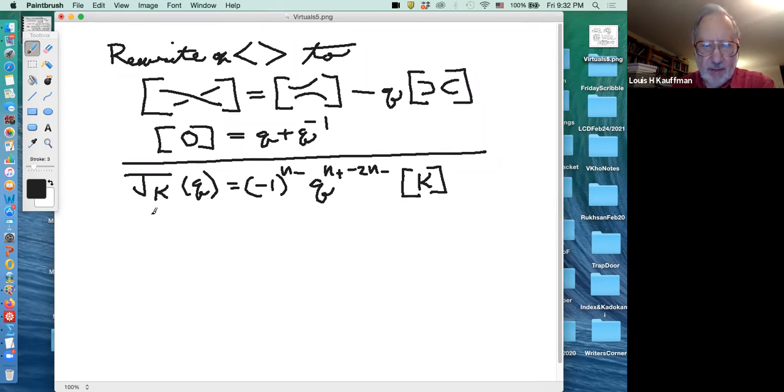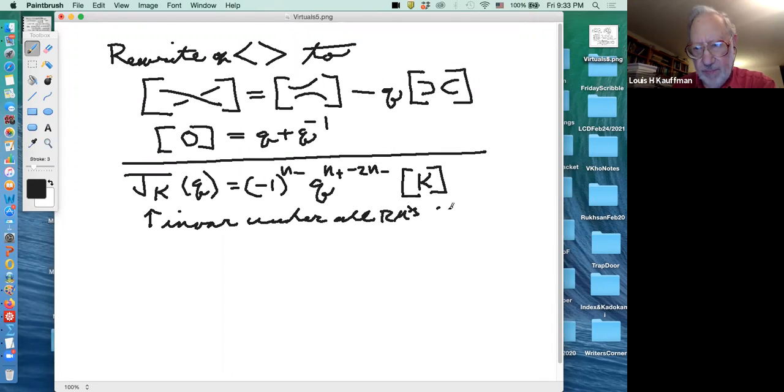And then this is invariant under all Reidemeister moves and detour. So it's an invariant of virtual knots.